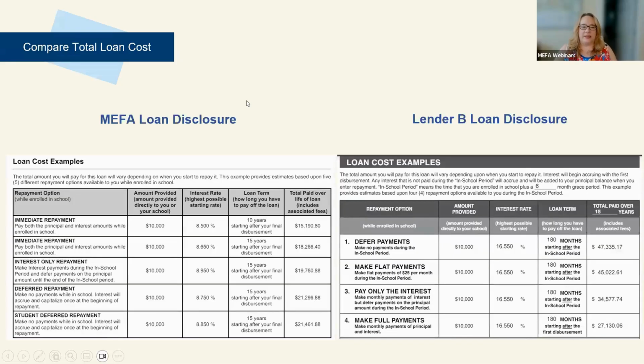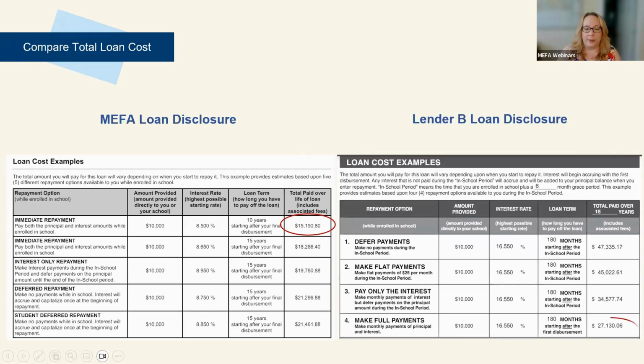So let's look at a comparison of a MEFA loan disclosure based on this year's rates and lender B, for example. Go through this in a little bit of detail. So you can see with MEFA's lowest interest rate for immediate repayment, it does start at 5.75, but it can go up to 8.5%. So we want to show you that. That loan can cost up to a little over $15,000 if you take the full 10 years to pay off that loan.